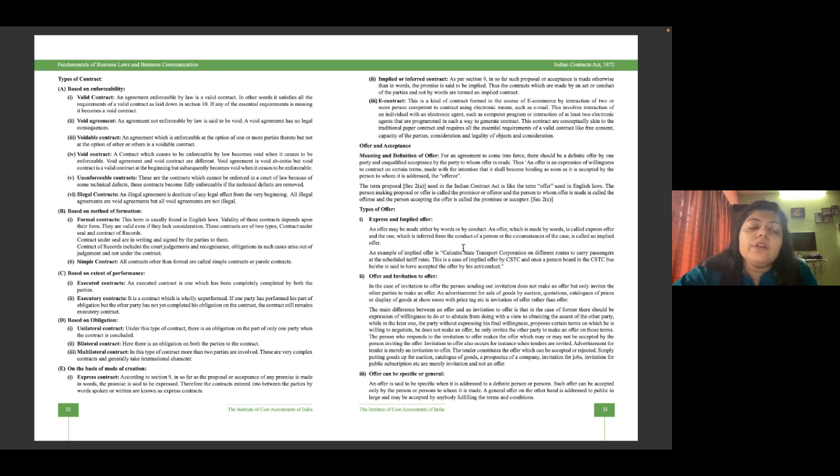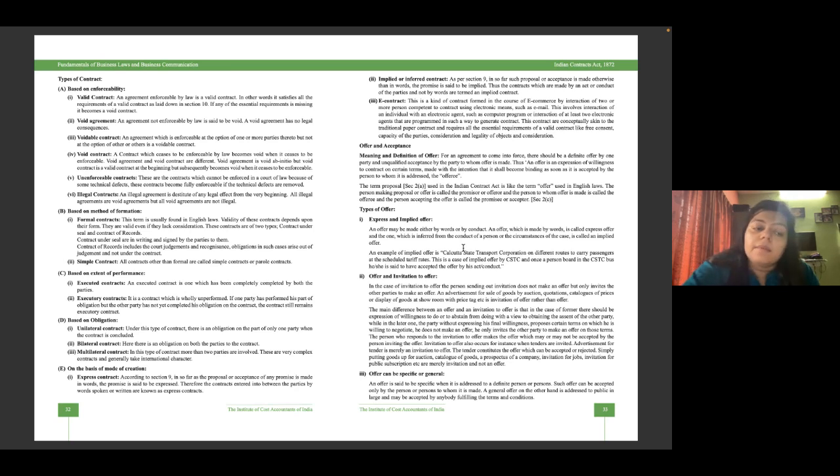And an executory contract is where a contract is wholly unperformed, or if one party has performed his part of the obligations, but the other party has not yet completed his obligations, on that account the contract still remains an executory contract. So why do you think a particular contract has been made?